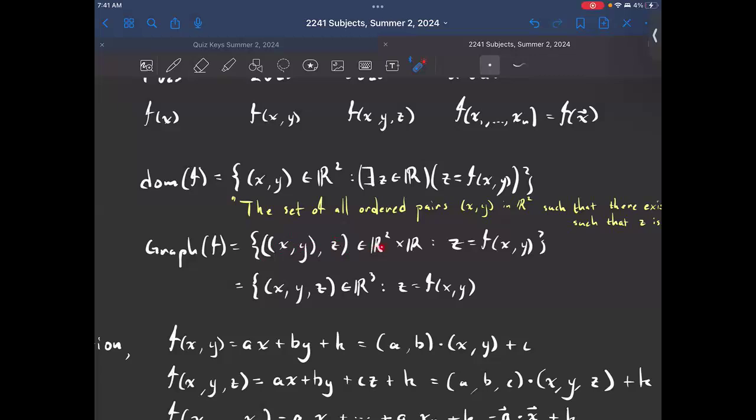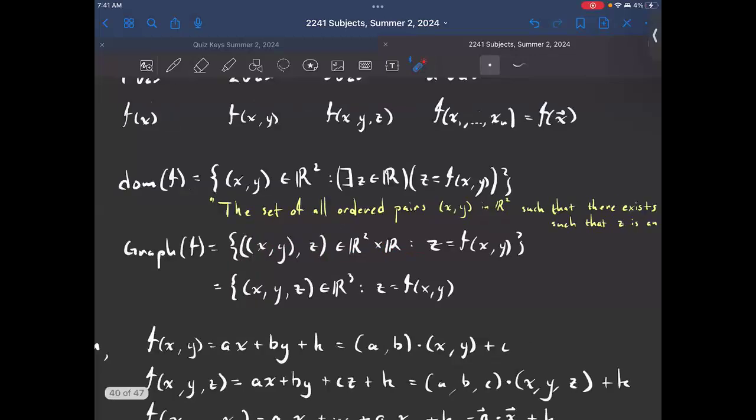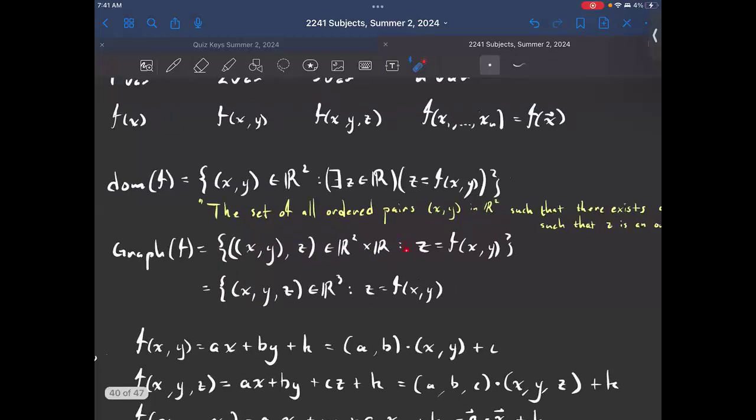And so I've written that as R2 cross R. And then such that z equals f of xy. So same thing, but now I'm specifically including what that z is in the graph of f instead of just the domain. So the domain only counts the inputs, the graph counts the inputs and the outputs.